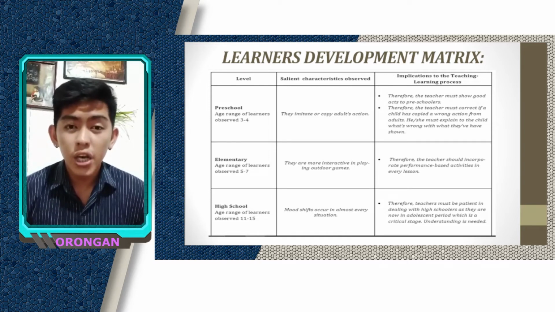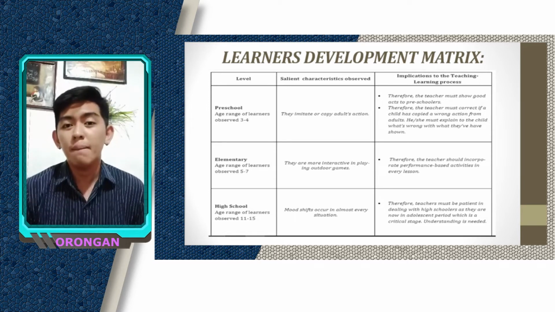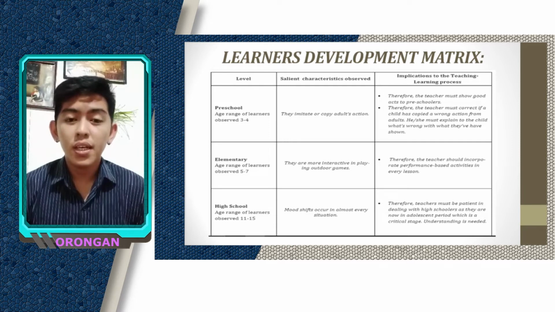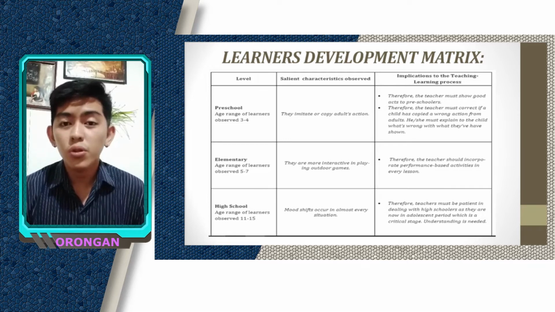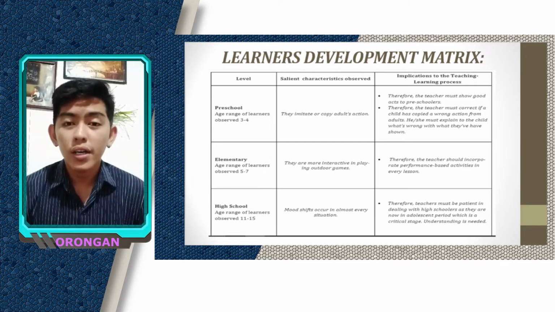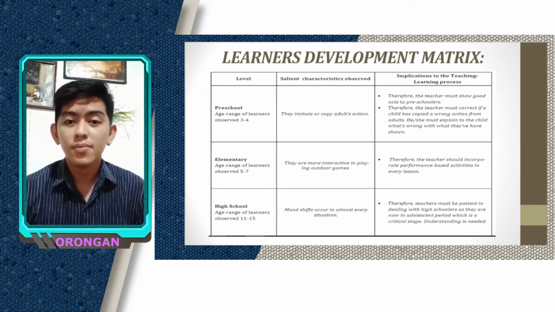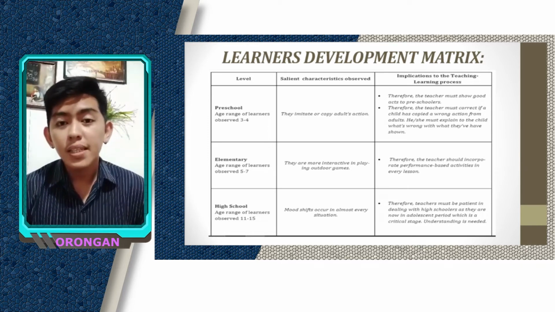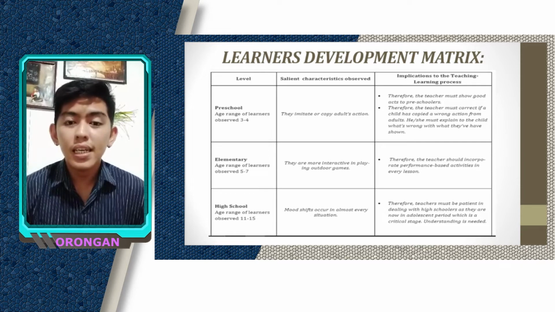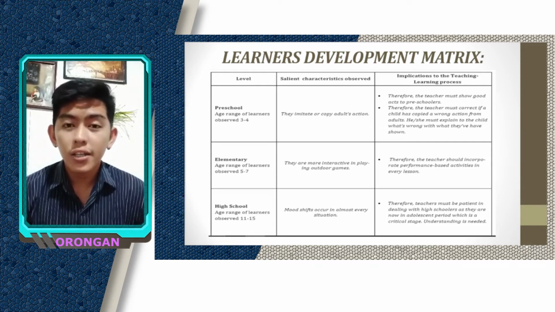And lastly, the high school, the age range is 11 to 15 years old. So the salient characteristic observed, mood shifts occur in almost every situation. So just like what I have said a while ago in the cognitive, nag-shift sila ng mood nila depende sa sitwasyon.